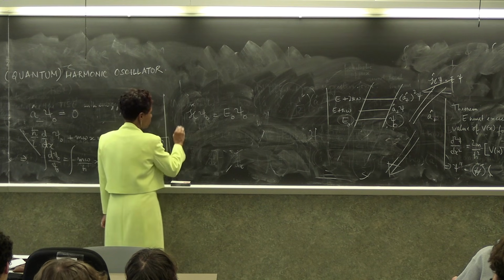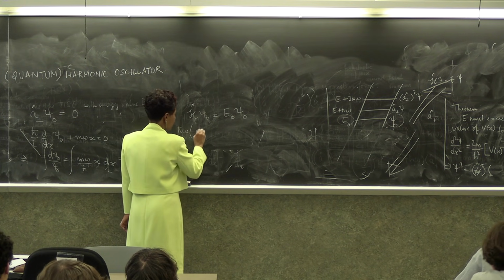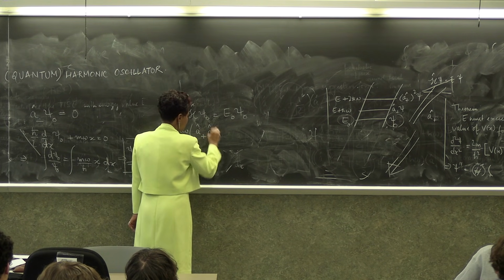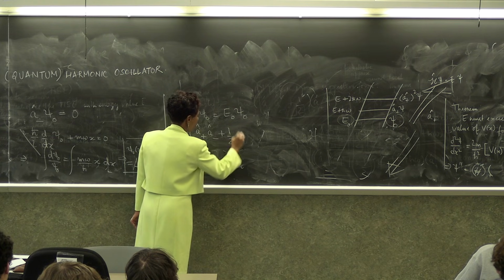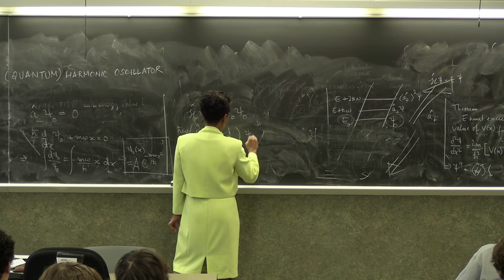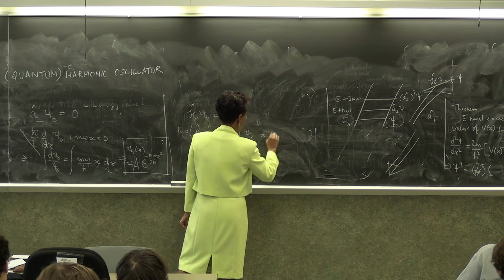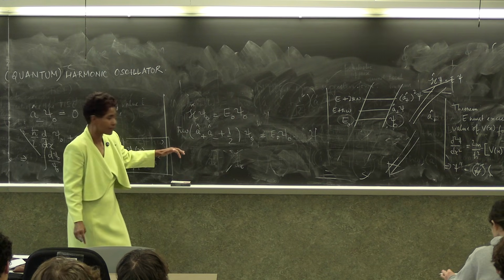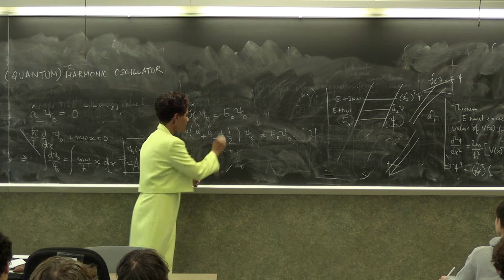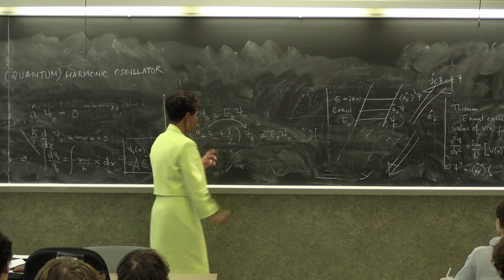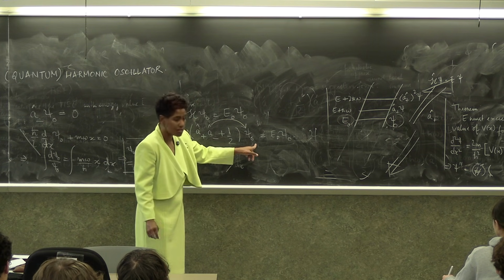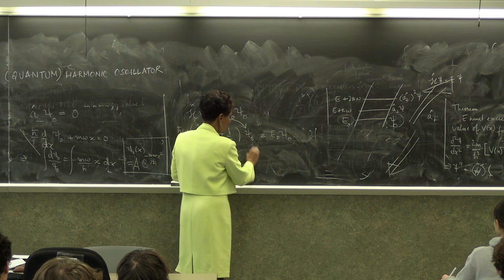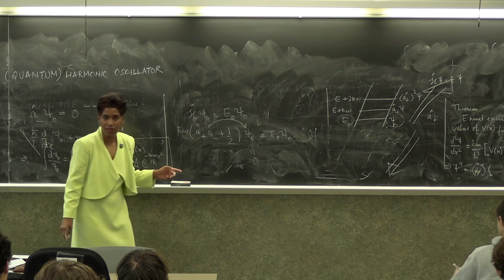We in fact choose h bar omega times a plus a minus plus half operating on psi naught equals E naught psi naught. You can check this in your notes that I got this right. And the reason I chose this is that conveniently a minus operating on the ground state gives us 0. That's how we identified the ground state.